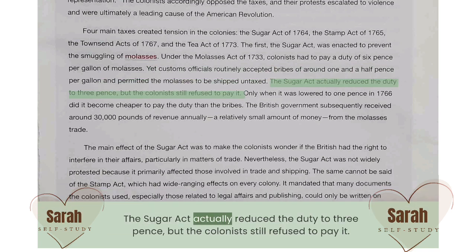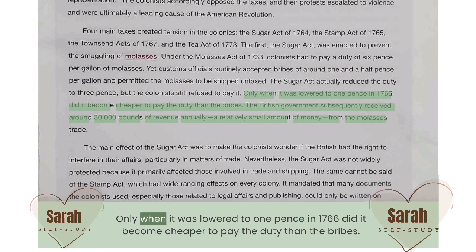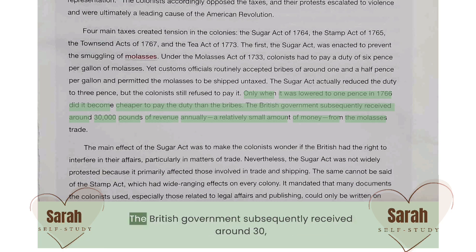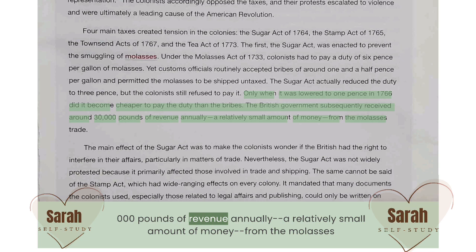The Sugar Act actually reduced the duty to 3 pence, but the colonists still refused to pay it. Only when it was lowered to 1 pence in 1766 did it become cheaper to pay the duty than the bribes. The British government subsequently received around £30,000 of revenue annually, a relatively small amount of money, from the molasses.